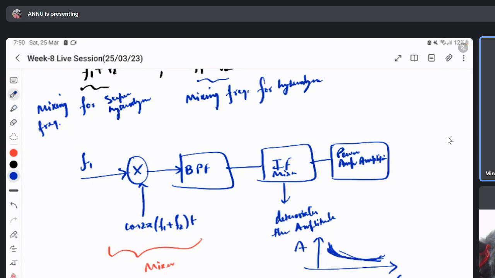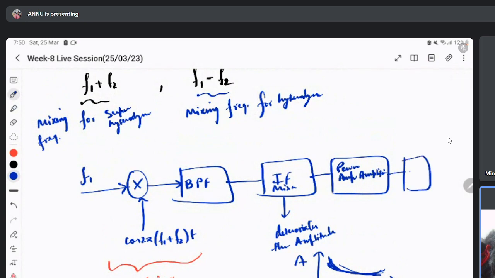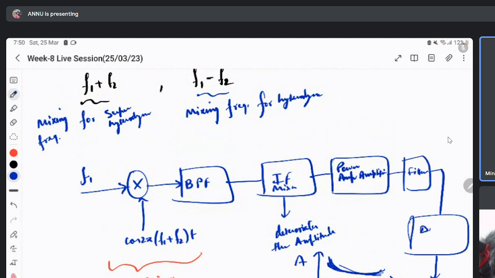Then there is a filter and demodulation stage. We require a filter and finally demodulation to get the actual message, because it is a receiver. What is the use of this filtering section after amplification?